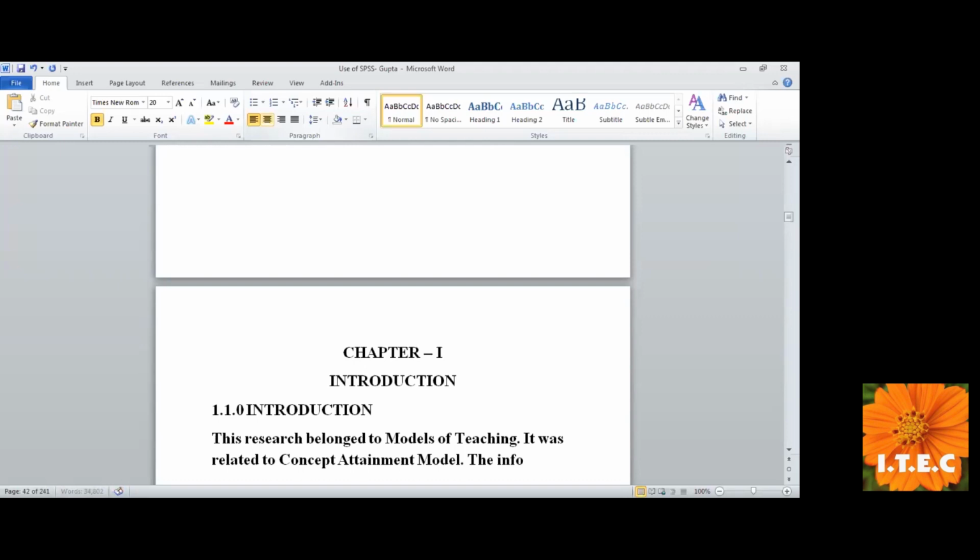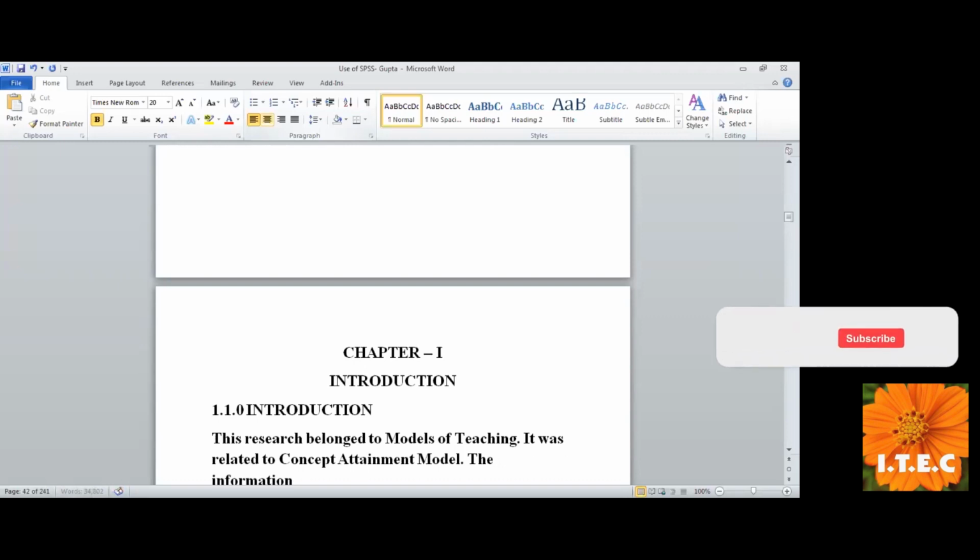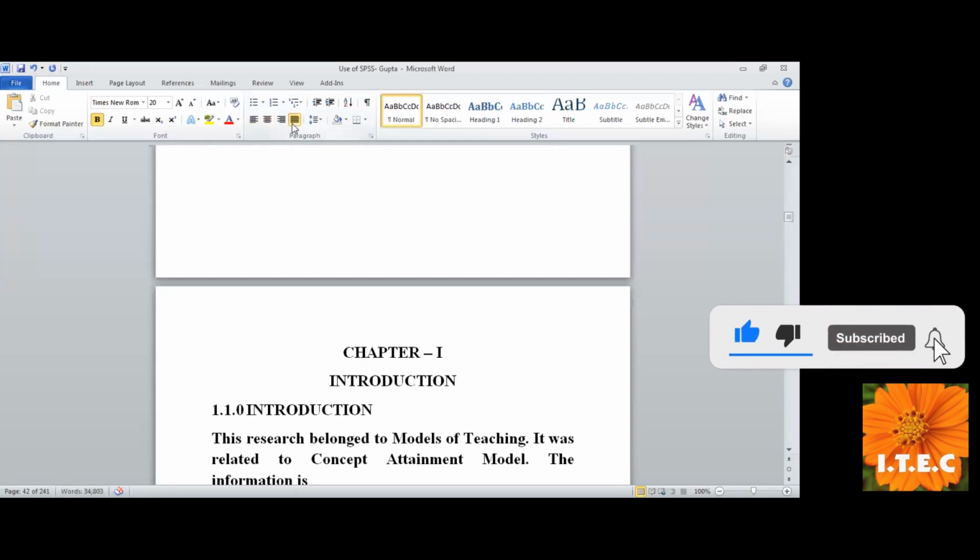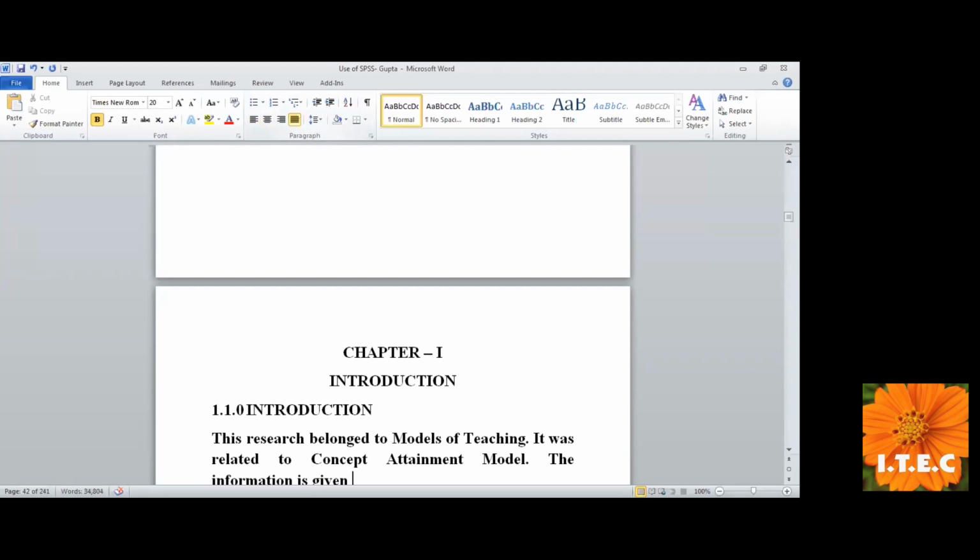The information is given under headings.